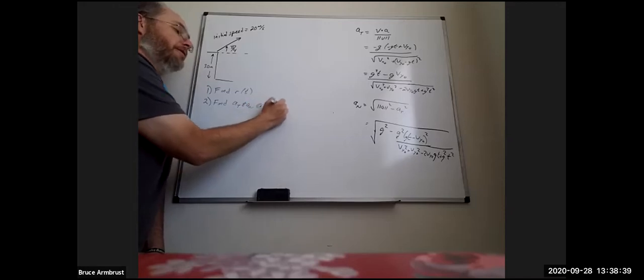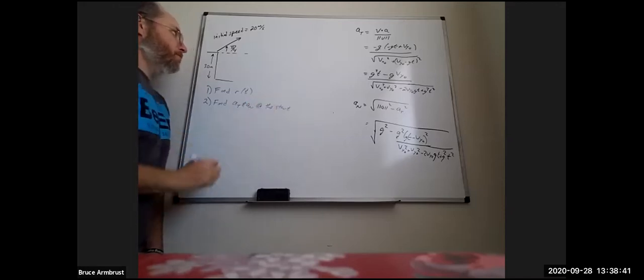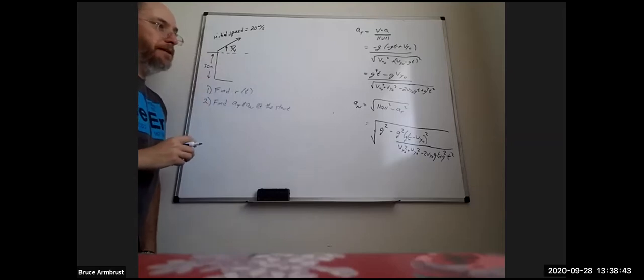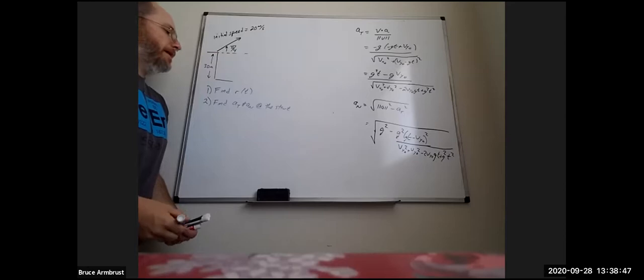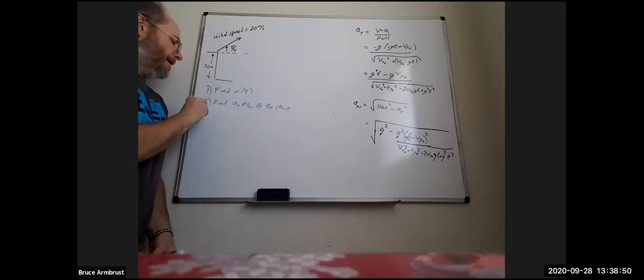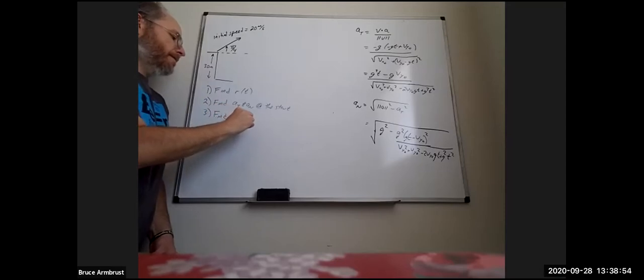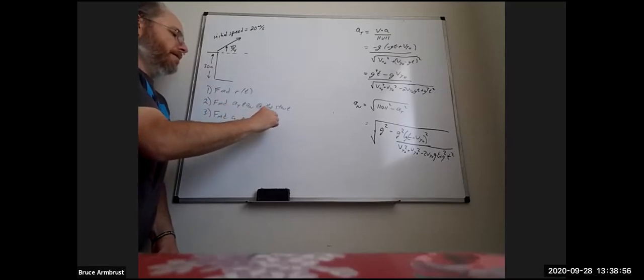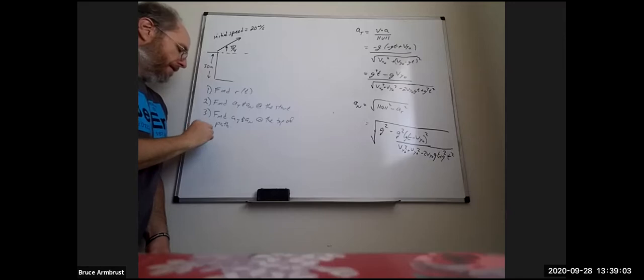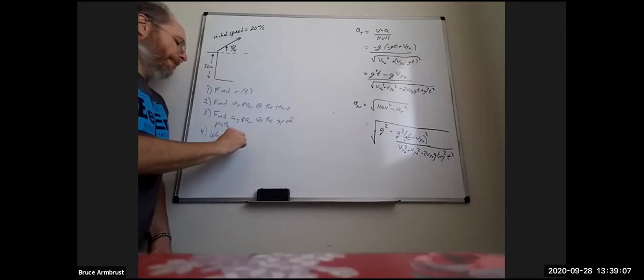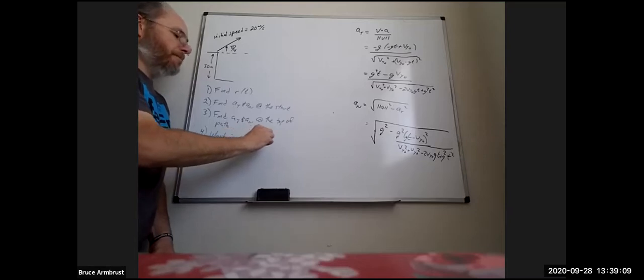So at the start, when we first toss it, I want to see what is our a sub t and a sub n. And let's find those same things at the top of the path. And then the last thing I want to find is what's the speed right before impact.